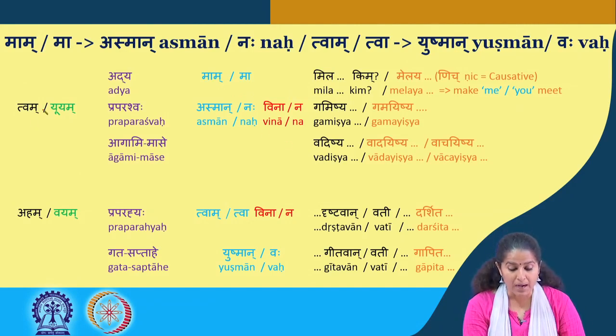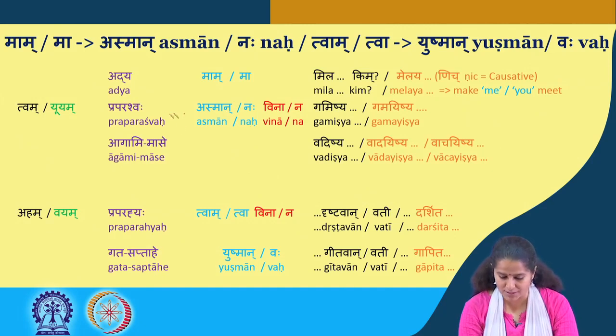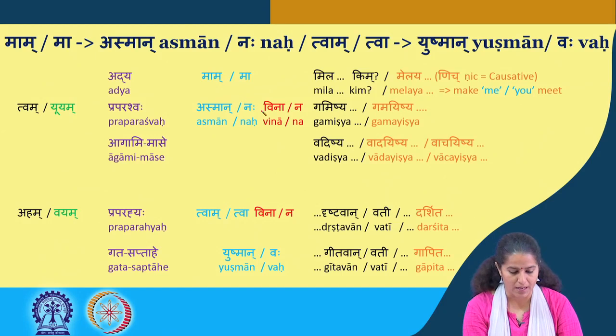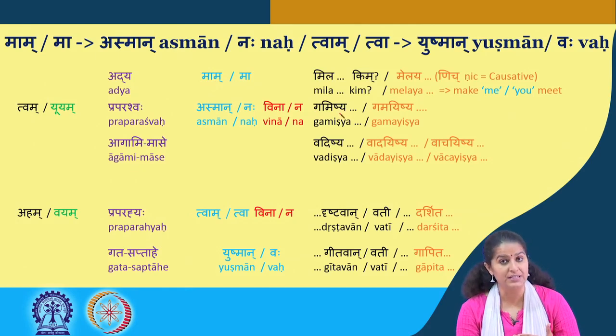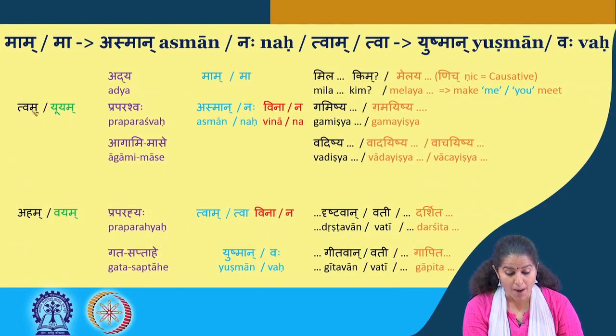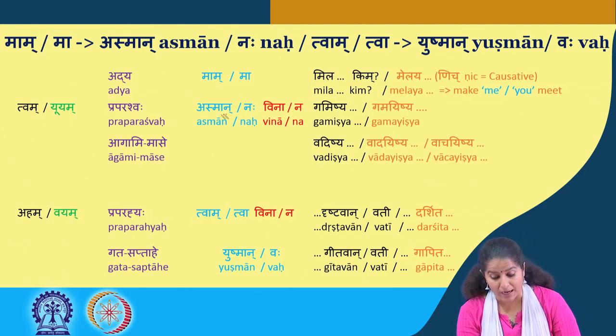Let's do it with praparashvaha to get practice of a different one. So tvam praparashvaha mam vina gamishyasi kim. Will you go without me? And then tvam praparashvaha asman vina gamishyasi kim.